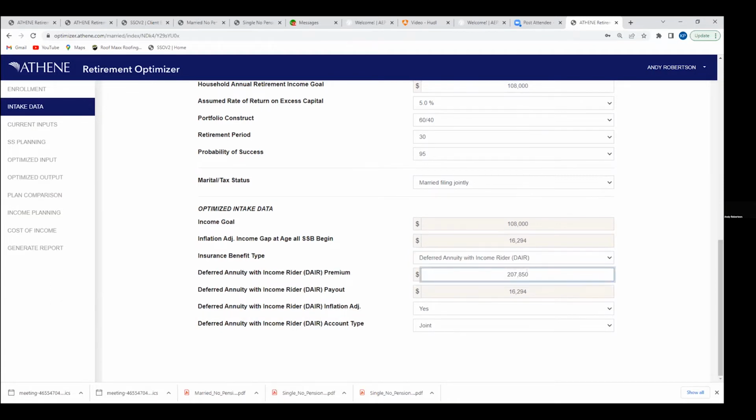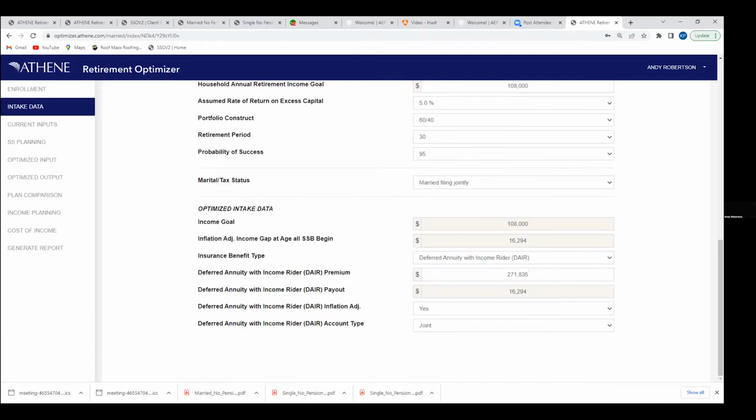The premium for this solution, delivering $16,291 at 70, was $271,000 and I believe it was like $835. I might be off by a couple of dollars, but it's close enough.